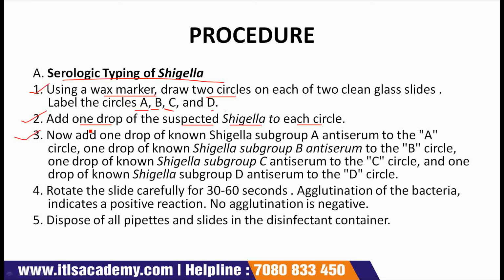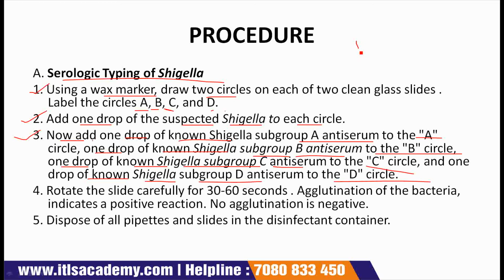Third, now add 1 drop of known Shigella subgroup A antiserum to the A circle, 1 drop of known Shigella subgroup B antiserum to the B circle, 1 drop of known Shigella subgroup C antiserum to the C circle and 1 drop of known Shigella subgroup D antiserum to the D circle.